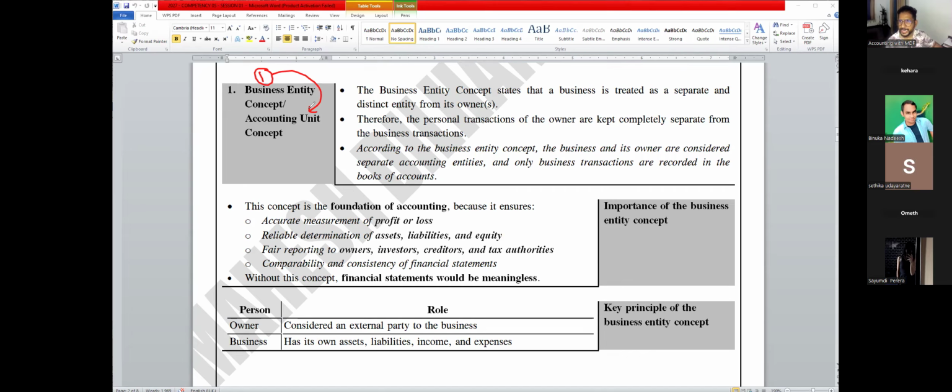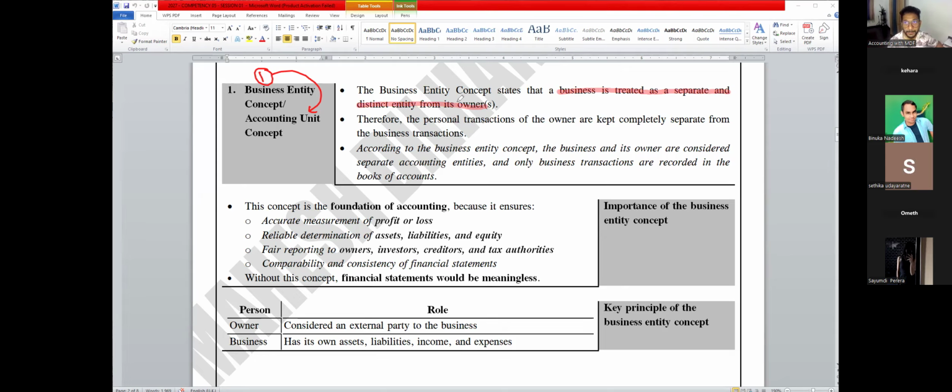Here, it is an extension for the competency. Business entity concept states that, please highlight, the business is treated as a separate and distinct entity from its owners.